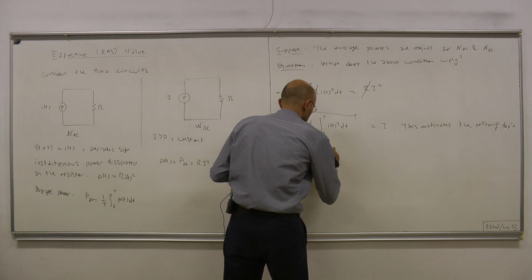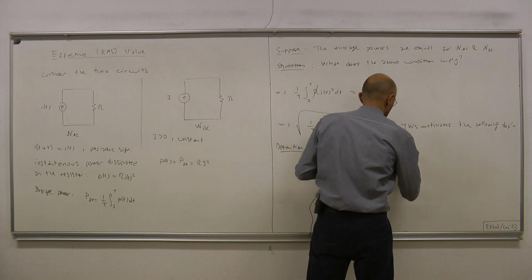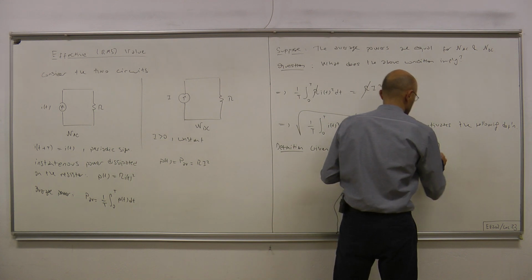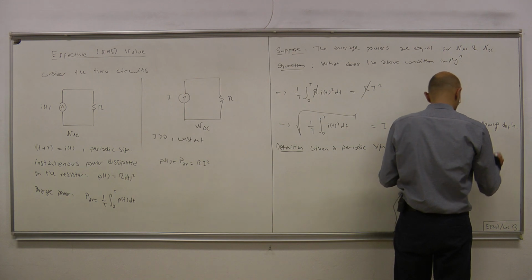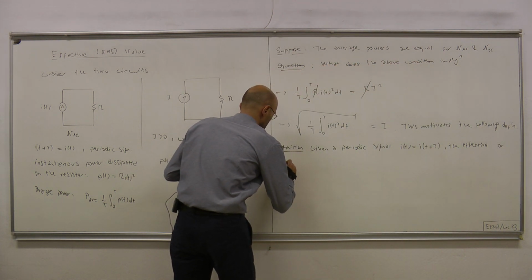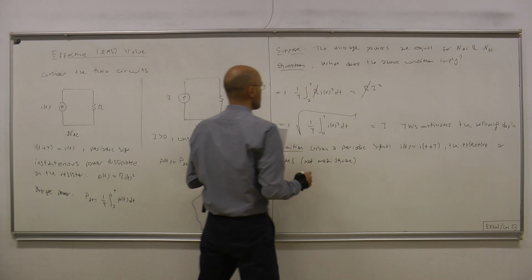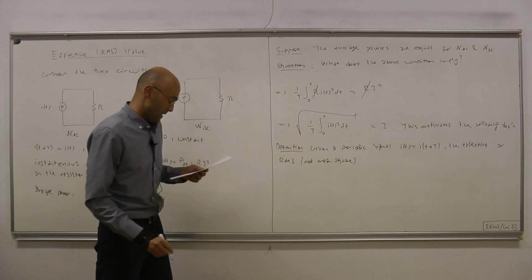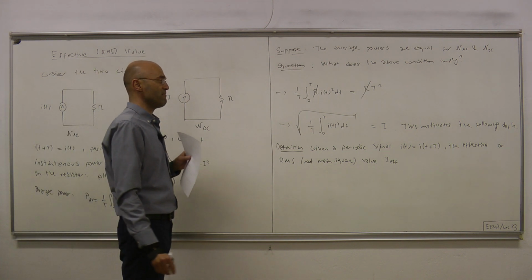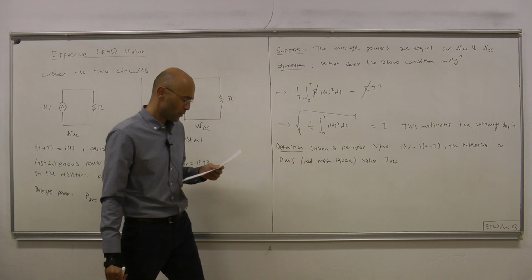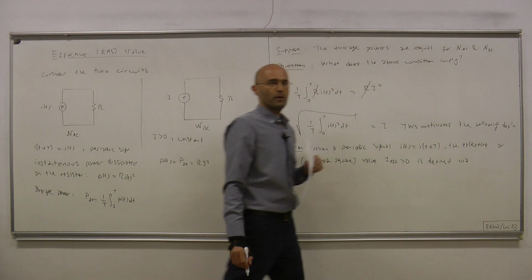Given a periodic signal i(t) = i(t + T), T being the period, the effective or equivalently root mean square (RMS) value I, and we write in a subscript EFF for effective, or sometimes RMS for root mean square, is defined by the following identity.